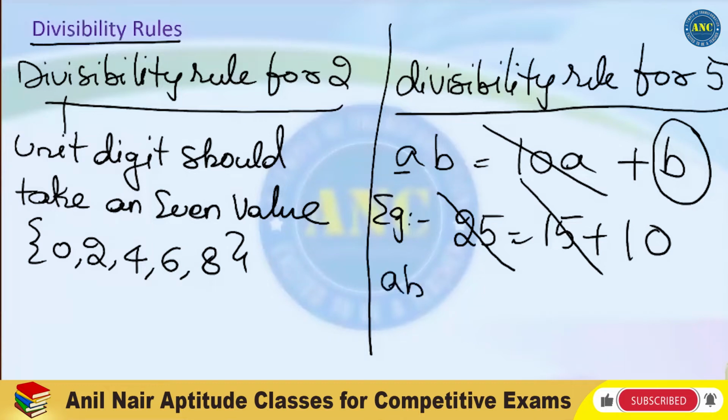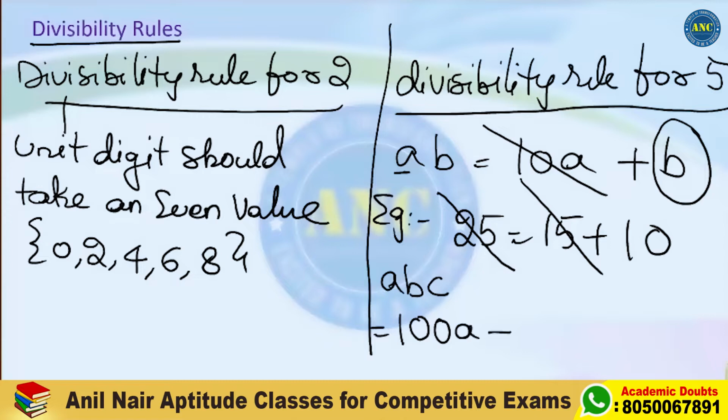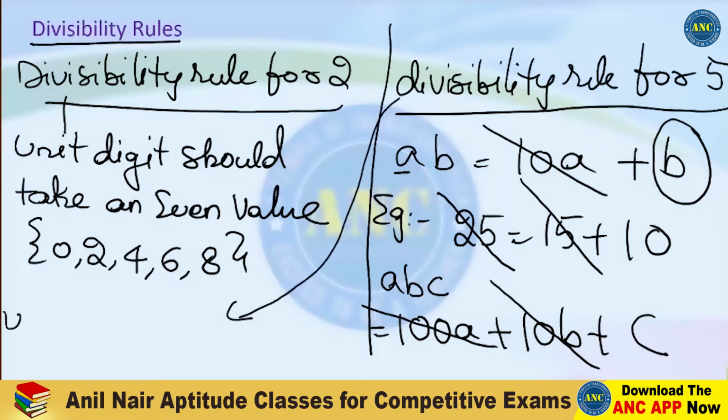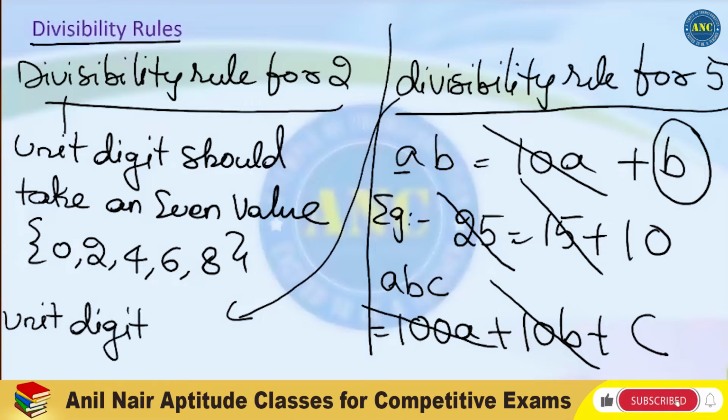Even if I take a 3-digit number, A is in the hundreds place, 100A plus 10B plus C. 100 is divisible by 5, 10 is divisible by 5, so C should be divisible by 5. That means the divisibility rule for 5 is that the unit digit should be 0 or 5.